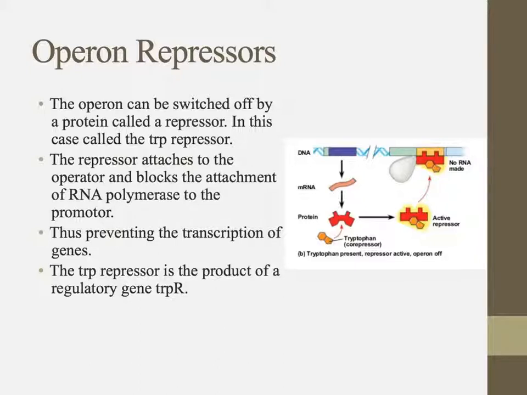So if you look at this graphic on the right, you see tryptophan, the co-repressor, bonding with the protein, changing the protein shape, and then the protein shape having a high affinity for the operator and attaching to the operator, and then no RNA is made, thus stopping transcription.